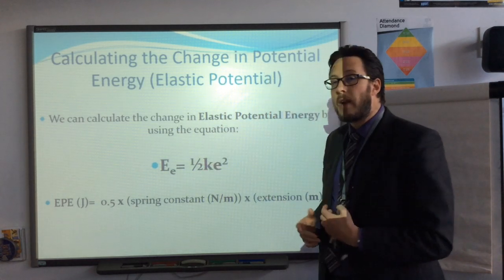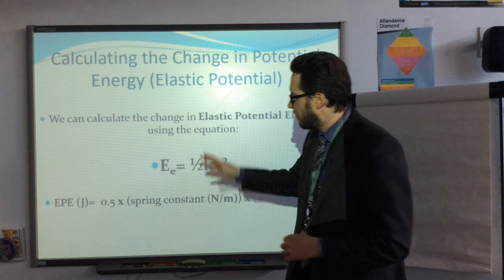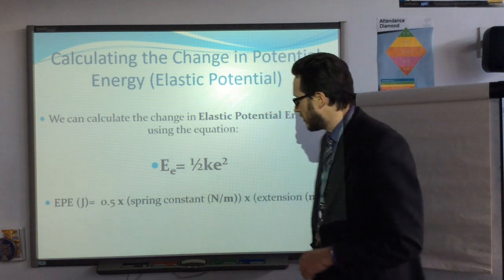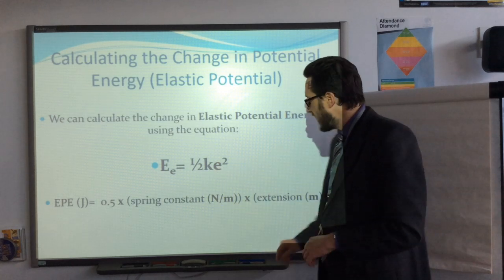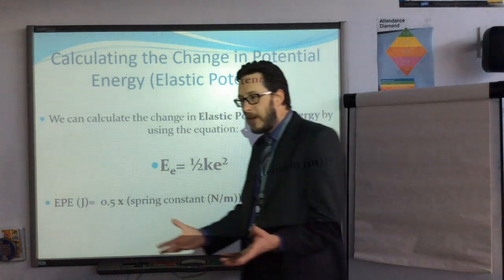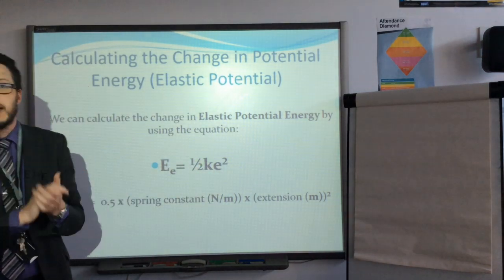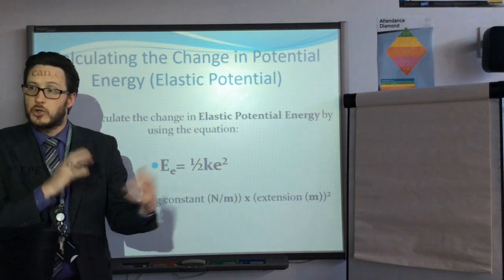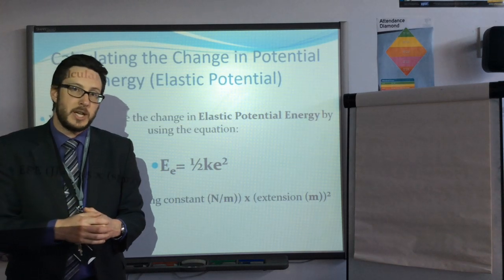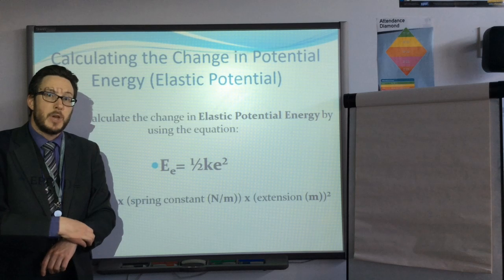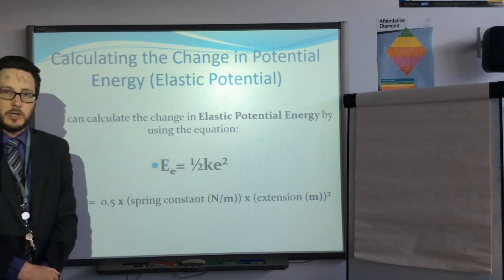Otherwise, they could get you to rearrange it to calculate the spring constant, but assuming you want to get the elastic potential energy, you'll need to be given the spring constant. And then e stands for the extension. So what that means is if I take a spring or a rubber band and I extend it by stretching it out, it will store elastic potential energy, and that energy I'll be able to calculate using this equation. But this one is given to you on the equation sheet.